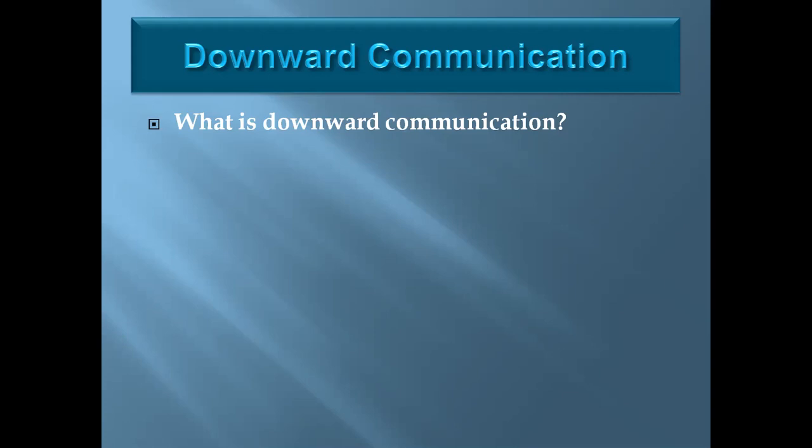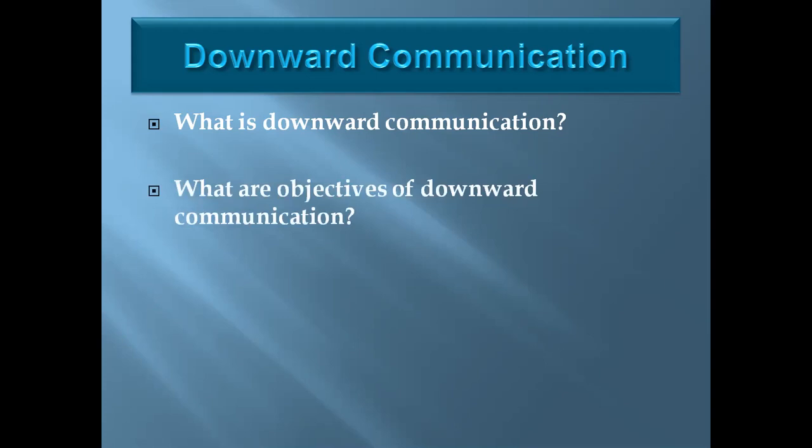Now we are going to discuss what are objectives of downward communication. It means why we communicate downward, what goals we can get with the help of downward communication. If we divide them, these are four different major objectives.